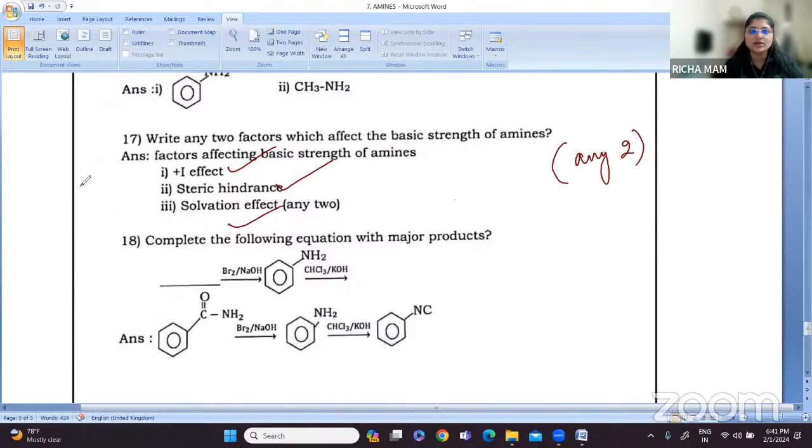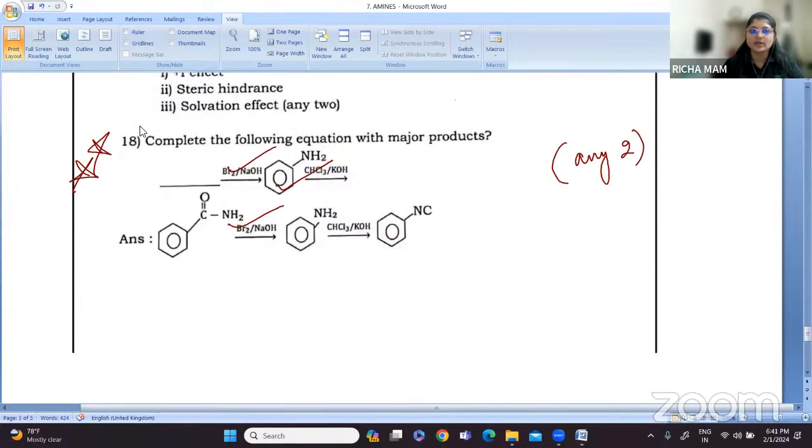Please make a note of this. So these are the 3 points: plus I effect, steric hindrance, and solvation effect. Any 2 points, 2 marks.